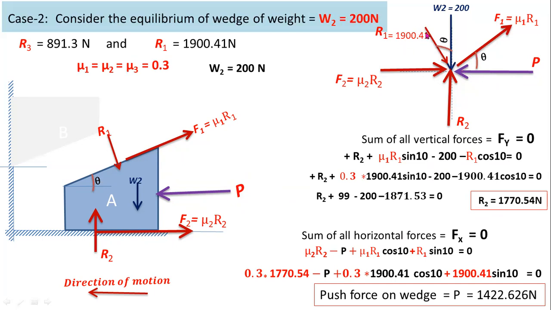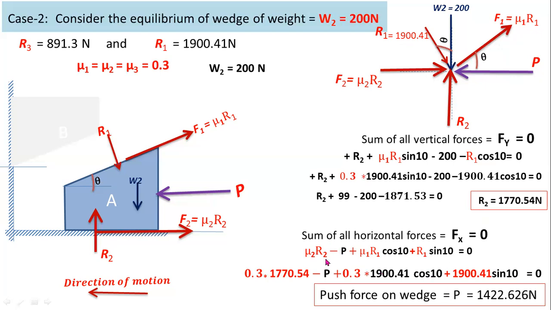Here this R1 reaction force makes an angle theta with respect to the vertical, so R1 sin theta is the horizontal component. For right side action you have to consider positive sign. For left side action you have to consider minus sign. So mu 2 R2 minus P, plus mu1 R1 cos theta plus R1 sin theta equal to 0.